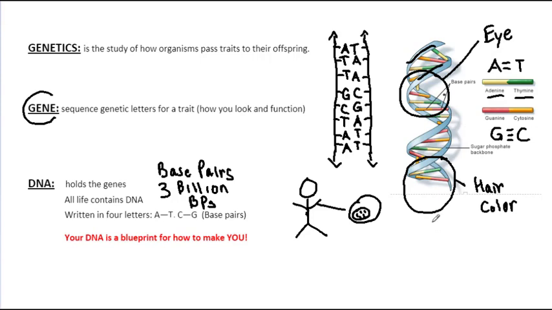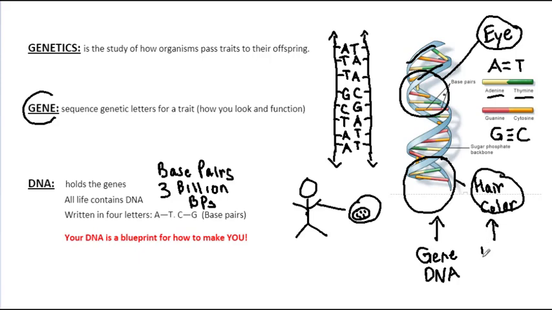So notice this right here, these are your genes stored in DNA in the nucleus of the cell. This, on the other hand, I'm talking about this and your eye color, these are the traits.